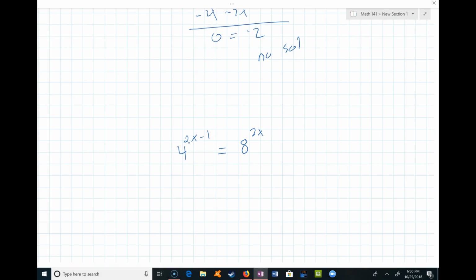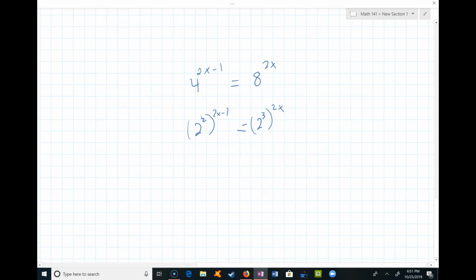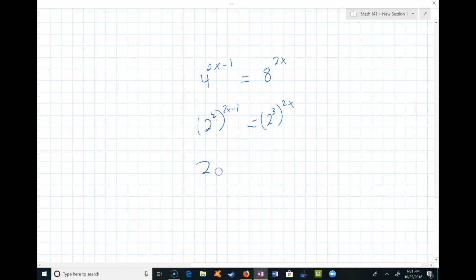So once again, I want to get the two sides of the equation so they have the same base. So I'm going to rewrite this as 2 squared raised to the 2x minus 1 power. And this would be 2 cubed raised to the 2x power. So then if I raise the power to a power, I'm going to get 2 to the 4x minus 2 here, and 2 to the 6x there.